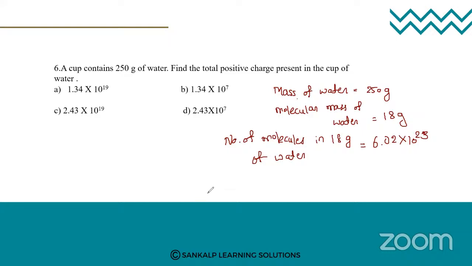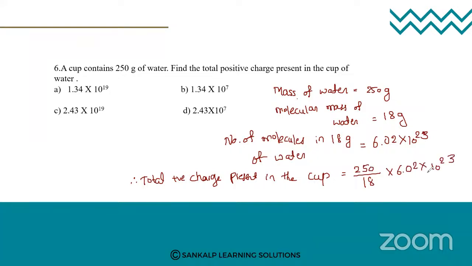Therefore, the total positive charge present in the cup of water will be the mass of the water, that is 250, divided by the molecular mass of water, that is 18, into the Avogadro number, 6.02 into 10 to the power of 23.